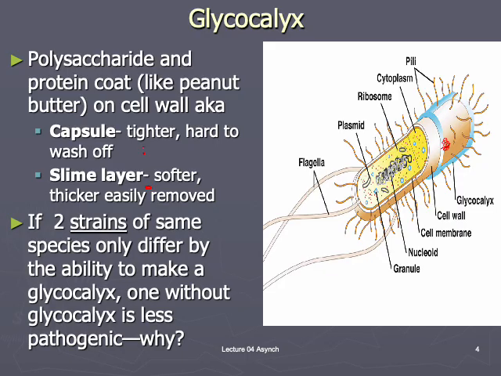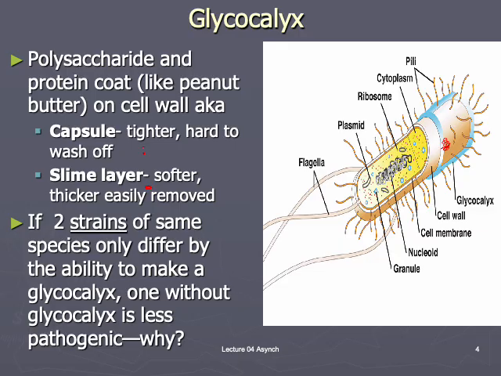Now, here's an interesting thing, and this is why we focus on it a lot in biology. If you have two strains of the same species, so they're pretty much identical, and the only difference is a few genes that help create proteins for the glycocalyx, I can tell you that the one that cannot make the glycocalyx, everything being equal, will be less pathogenic, meaning less likely to cause disease or damage to your body.